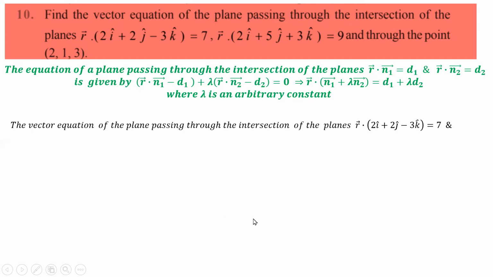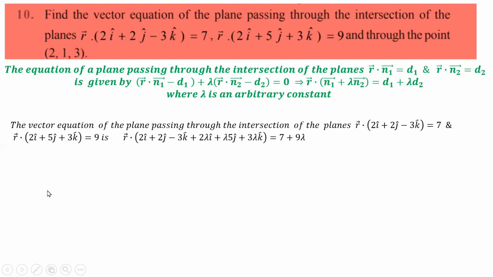The equation of the plane is given by vector r dot (2i plus 2j minus 3k plus 2 lambda i cap plus 5 lambda j cap plus 3 lambda k cap) equals 7 plus 9 lambda.